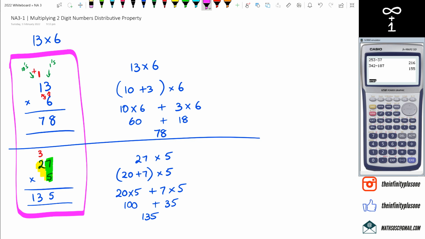If you haven't done it before, practice and you will pretty much get the hang of it. But of course, there's nothing wrong with doing the distributive property, because it's something that helps you understand, especially when we go into algebra. It really starts making sense if you do a couple of times with the distributive property and then a couple of times with that little pink box the way I showed it.